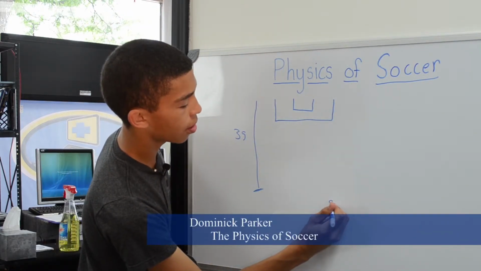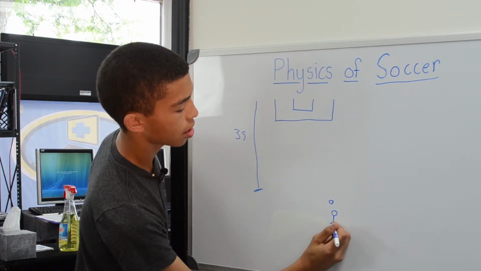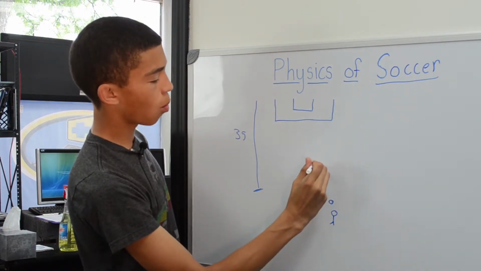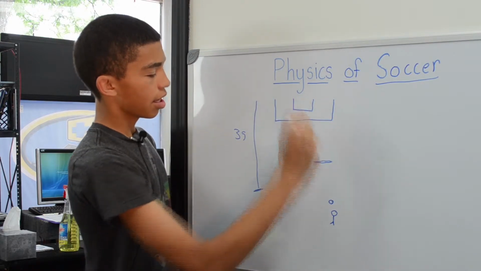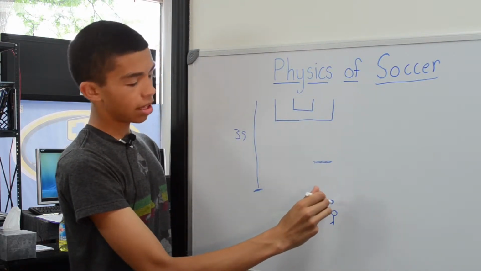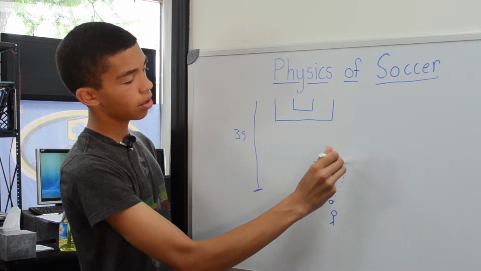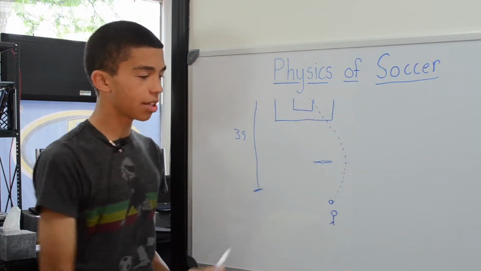So here's the ball, and here's Roberto Carlos. And then there's a wall of defenders right here. He ended up kicking the ball with the outside of his foot, going around the wall, and then curving it into the goal and scoring.